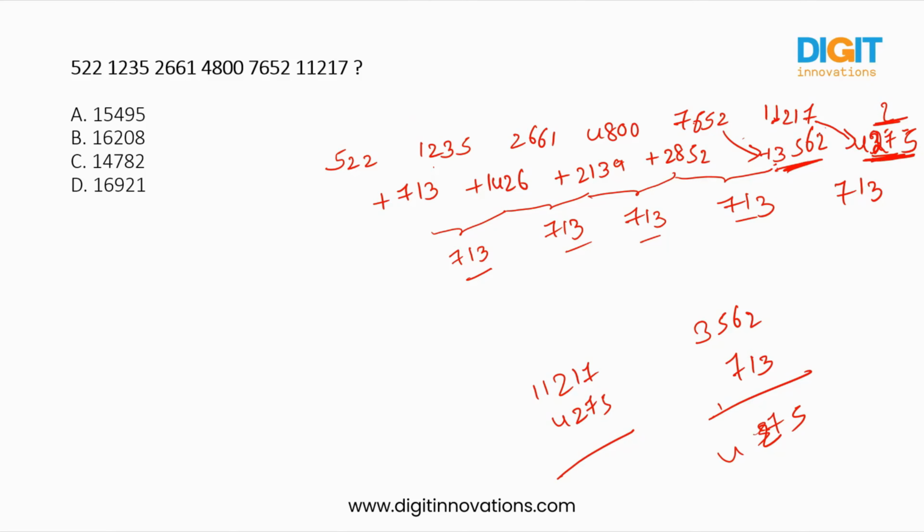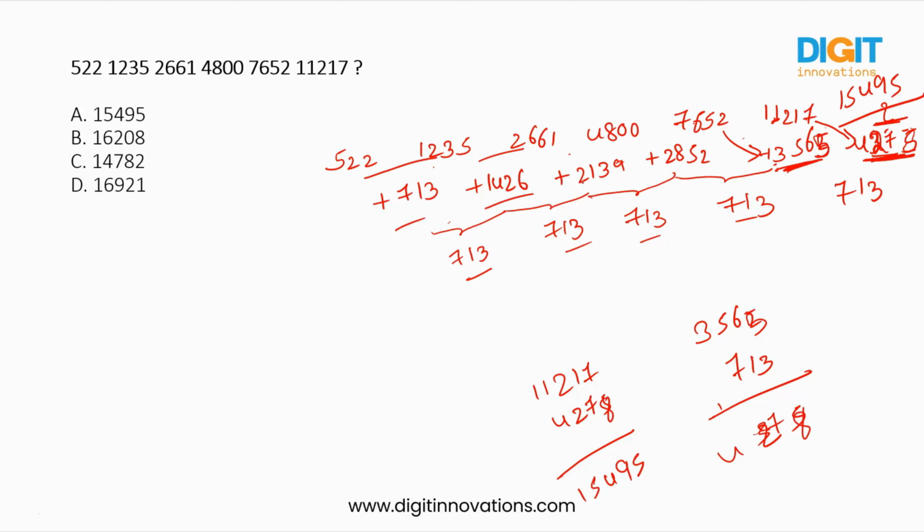Oh, sorry, I got confused here. It would be 65. The value here is 65. So it would be 8 here. 8, and you'll get 5, 9, 4, 5, 1. So the answer would be 15,495.